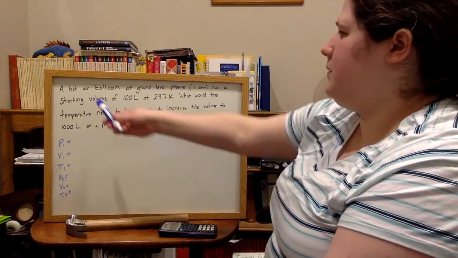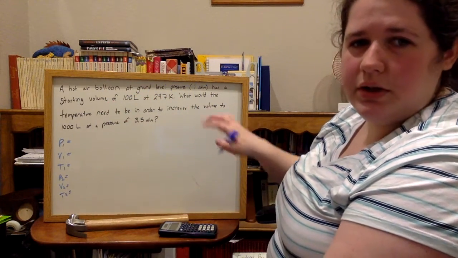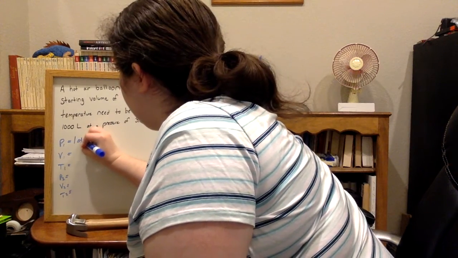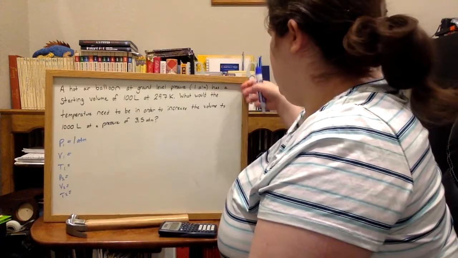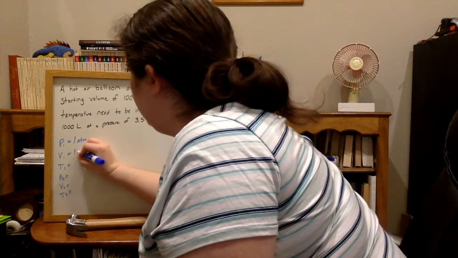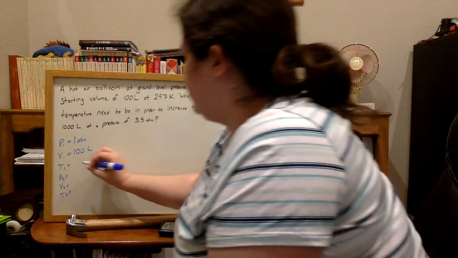Okay, so it tells me a hot air balloon at ground level pressure 1 atmosphere. My starting pressure is 1 atmosphere. It has a starting volume of 100 liters. How convenient, it even tells me it's the starting one at 297 Kelvin.